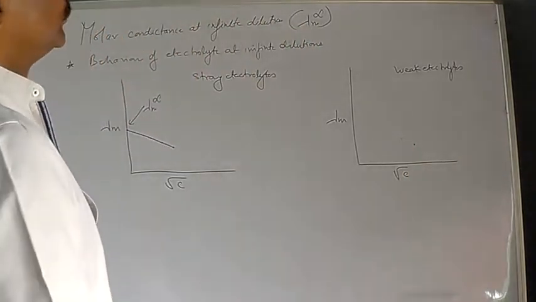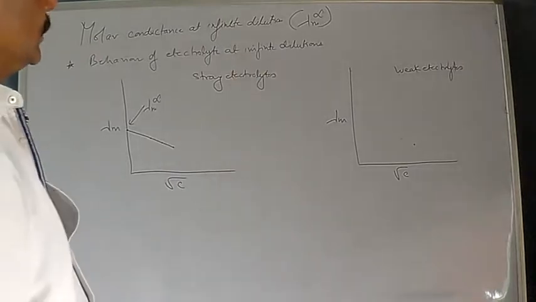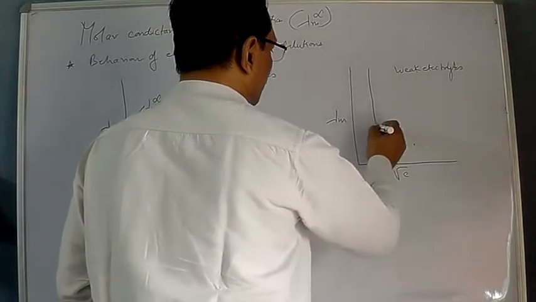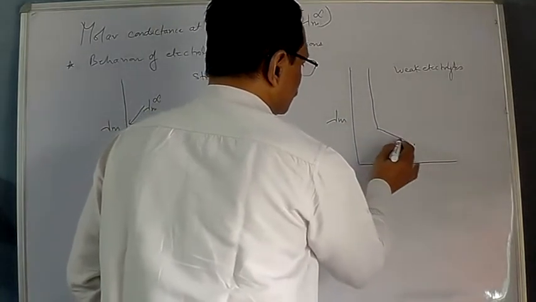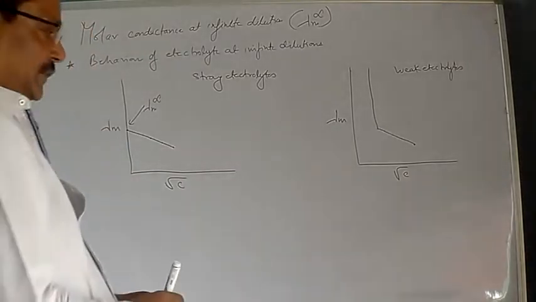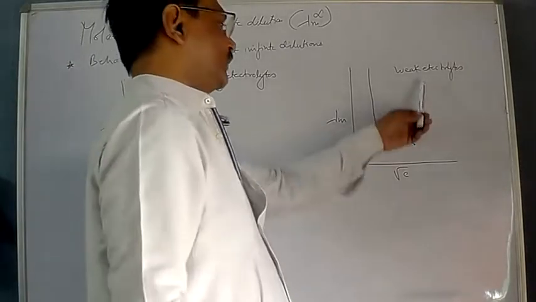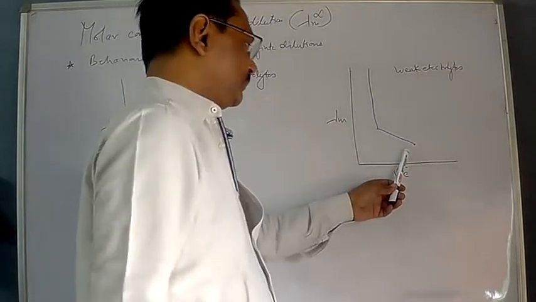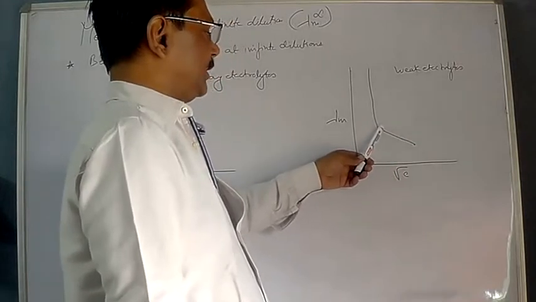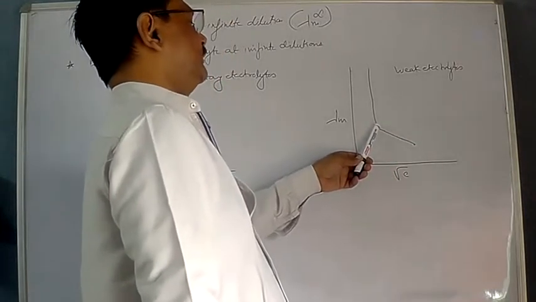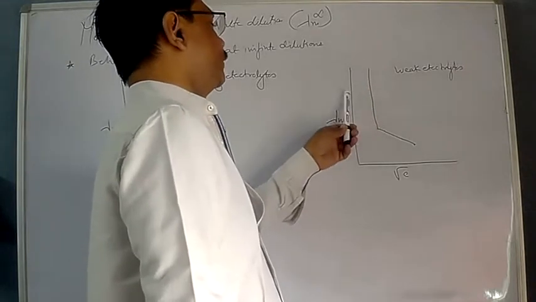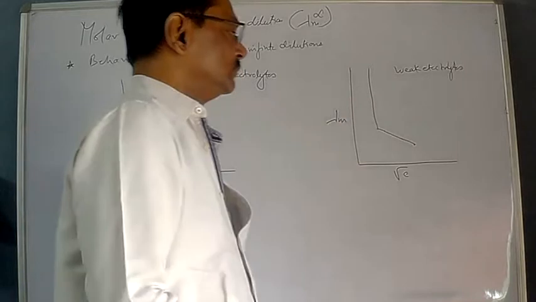When they approach infinite dilution, the curve rises very sharply and becomes parallel to the y-axis. So this is the curve meant for weak electrolytes. When we further dilute weak electrolytes, since they undergo dissociation, their conductance increases many-fold. As you see, the graph is rising rapidly, and when it approaches infinite dilution, the curve rises so sharply that it becomes almost parallel to the y-axis.